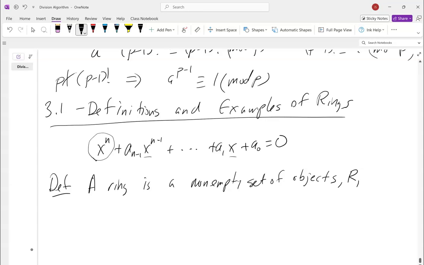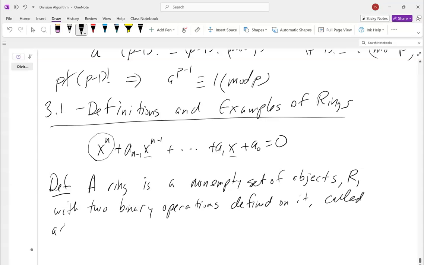So we'll use R to denote a ring, with two binary operations defined on it, called addition and multiplication.